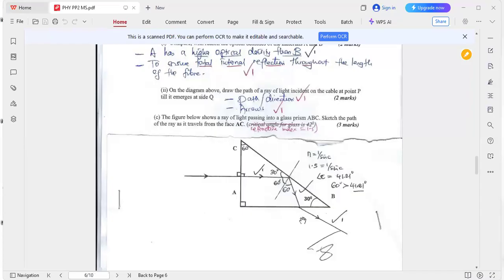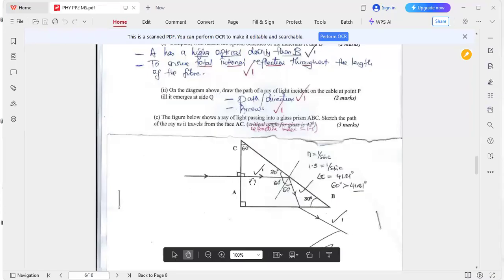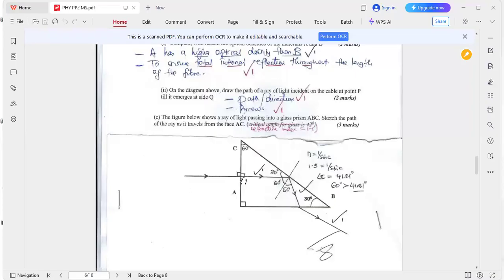So how do you know that this ray is supposed to come out here? First of all, we investigate what is the angle of incidence here. So when it strikes this edge, CB, we draw a normal. Since this is 90, this is 60, it will automatically be 30.